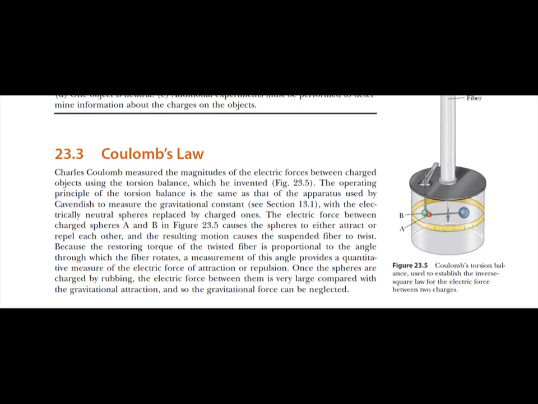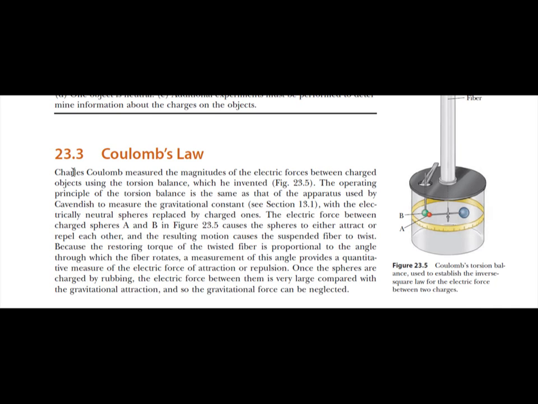Now let's quickly talk about Coulomb's law. This law came into effect from a gentleman called Coulomb. He did this experiment using what's called a torsion balance, and he used it to establish the inverse square law for the electric force between two charges.